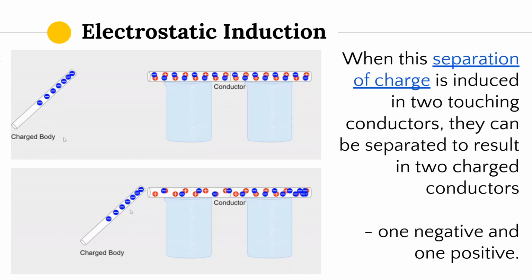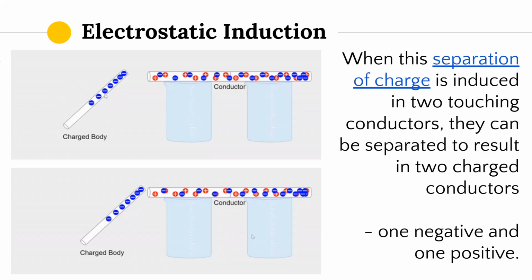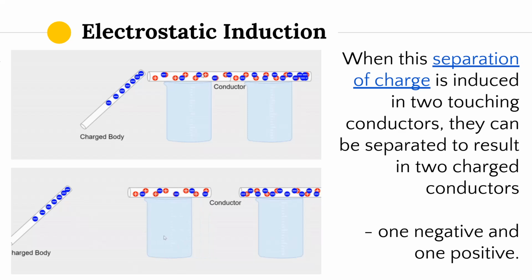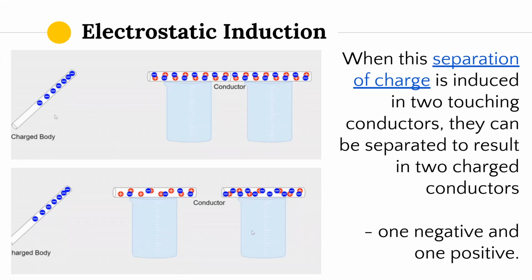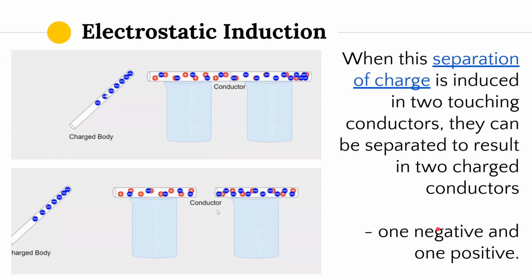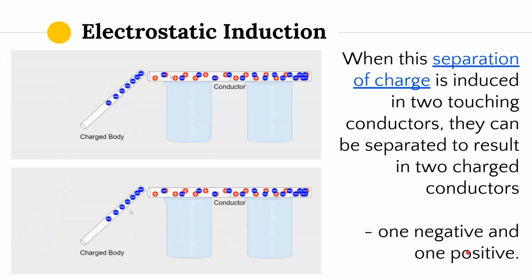It has a lot of steps. You have to polarize something first by bringing an object nearby without touching it, because if you touch it, that's conduction. We don't want that. Bring it nearby to get the separation, and then physically separate the objects while it's held nearby. This is going to result in one of your objects being negatively charged and one being positively charged.